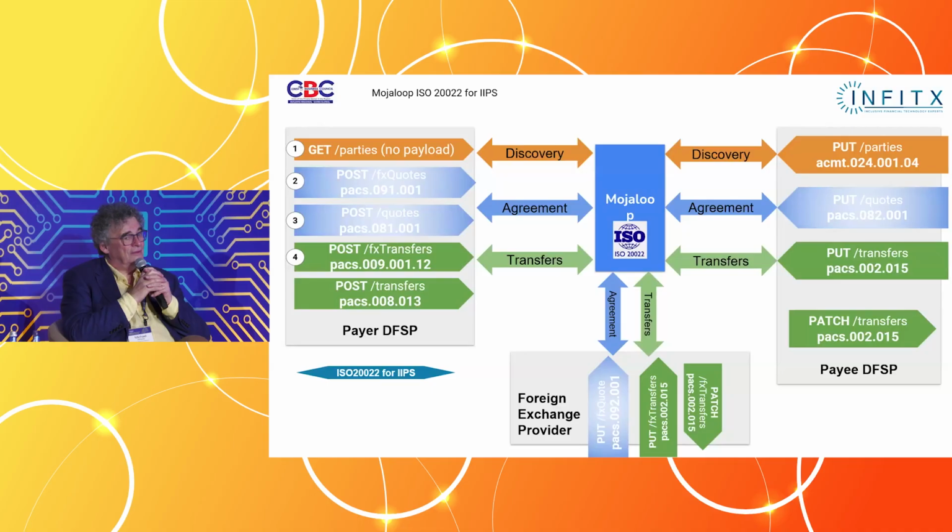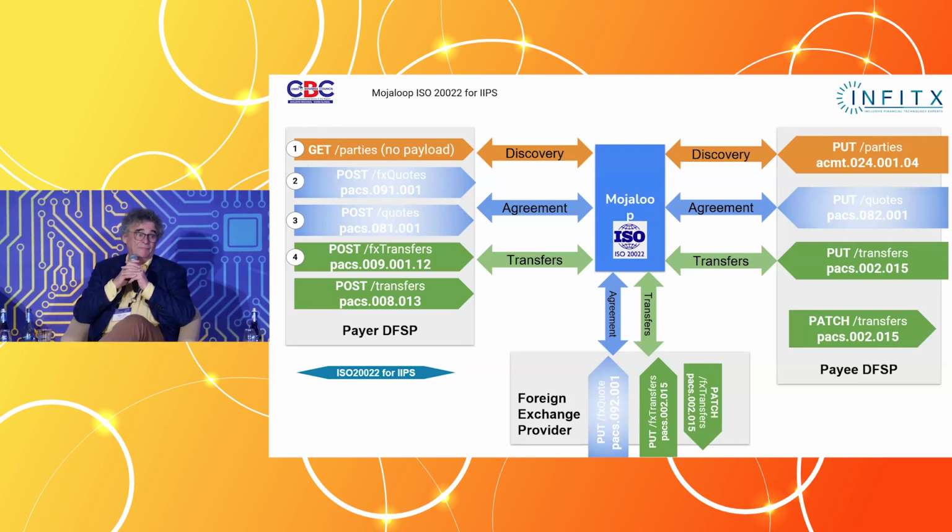Yeah. So we talk about ISO 20022 messages, and at the moment, that's what they are. The way the ISO standard is structured is that at the bottom level is a data dictionary, and the data dictionary is structured in an implementation independent way.